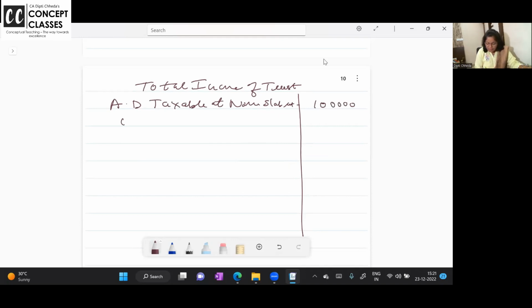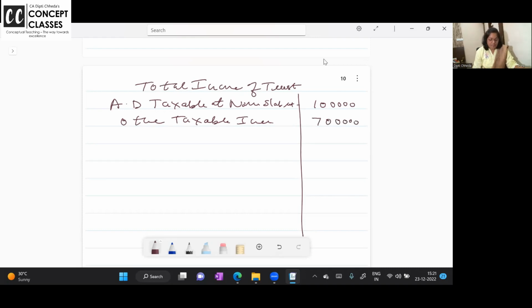I hope you all are having the problem now. What is your other taxable income? Other taxable income is seven lakhs.